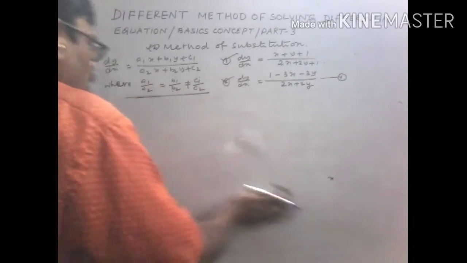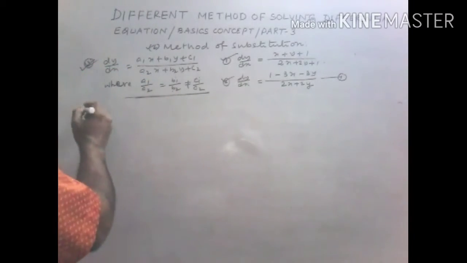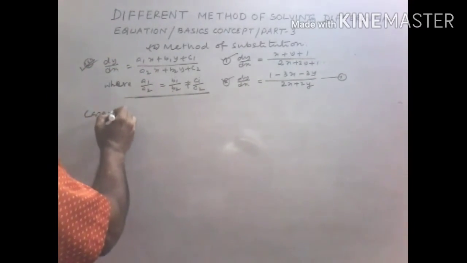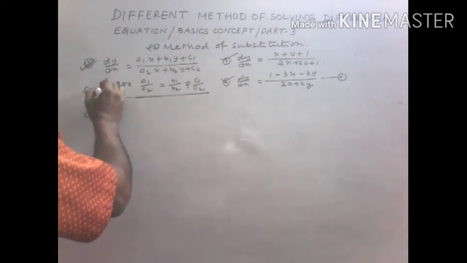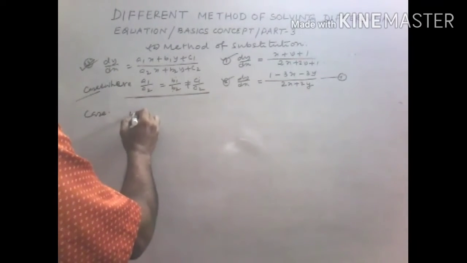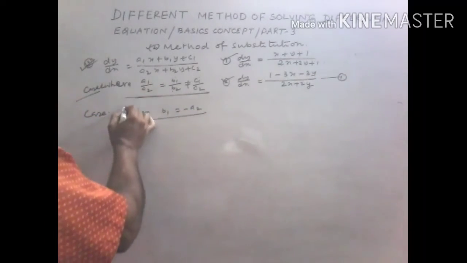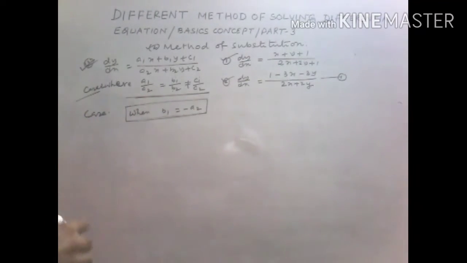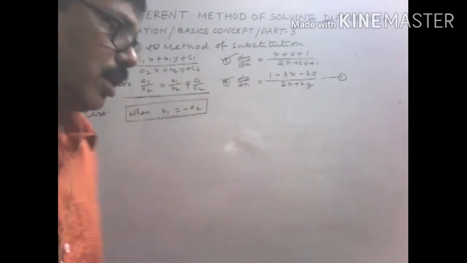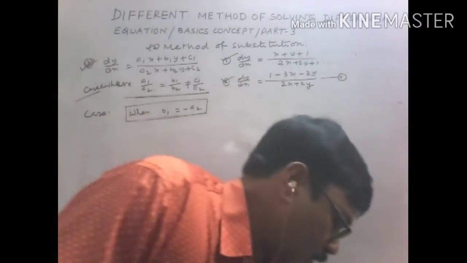Now case 2. This is case 1. When b1 equals minus a2, what is our procedure?